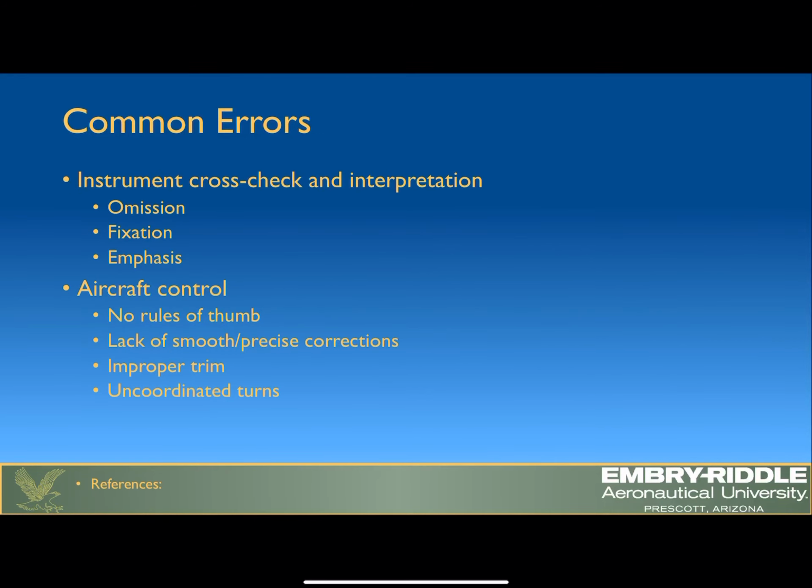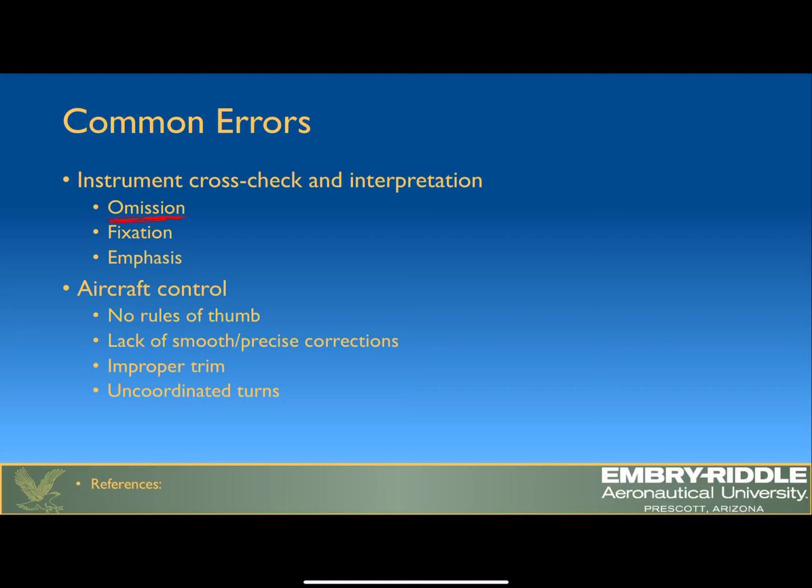Okay, let's real quick talk about common errors that people have with BAI, instrument cross-check and interpretation, common errors. The first of which is omission.